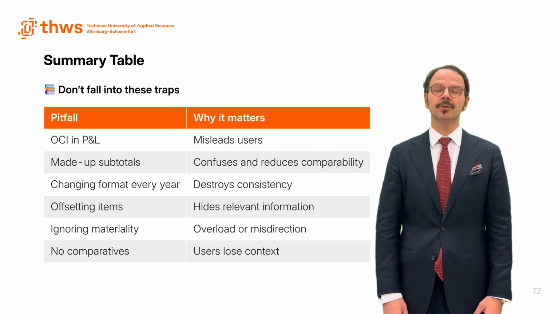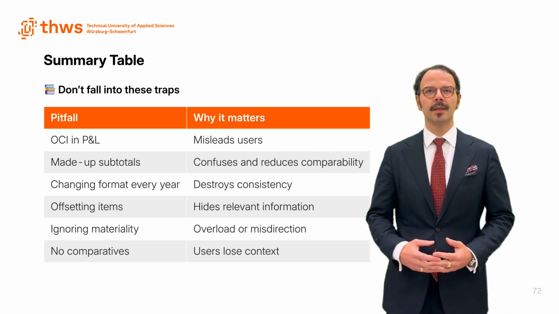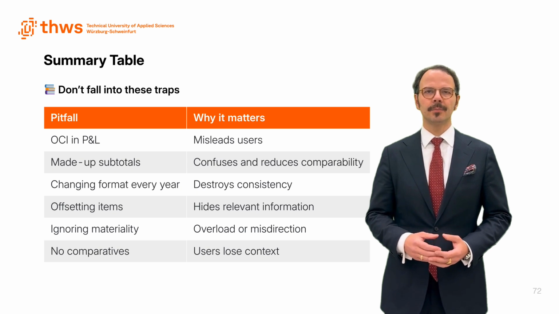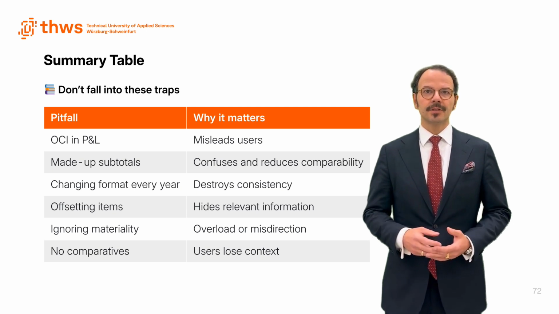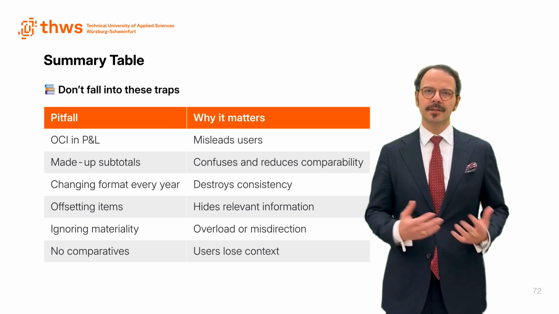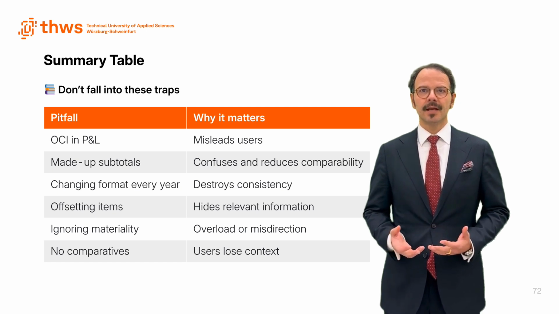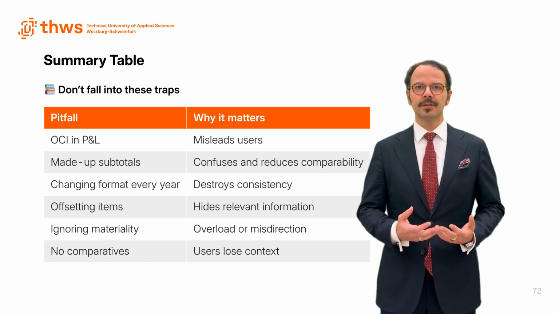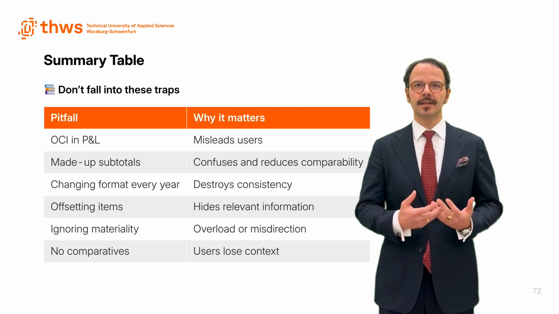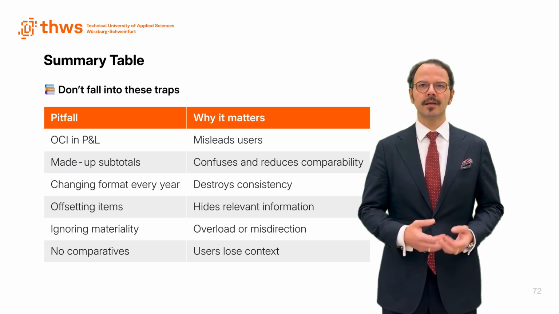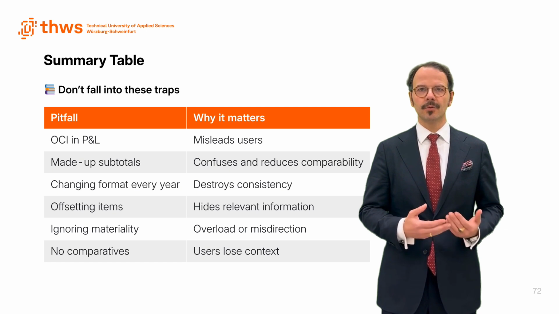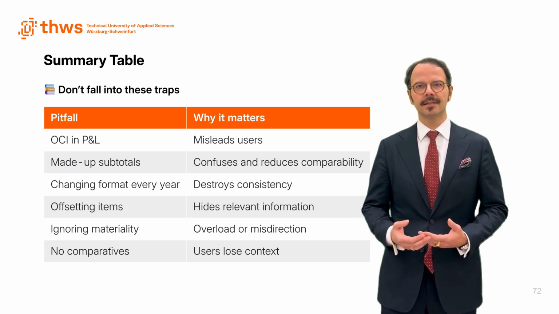Let's quickly run through the biggest traps to avoid when applying IAS 1. Don't mix up profit or loss and OCI. They have separate purposes and rules. Don't invent flashy subtotals that mislead users. If you add one, label it clearly and keep it in proportion. Don't jump between presentation formats every year. Consistency is key.